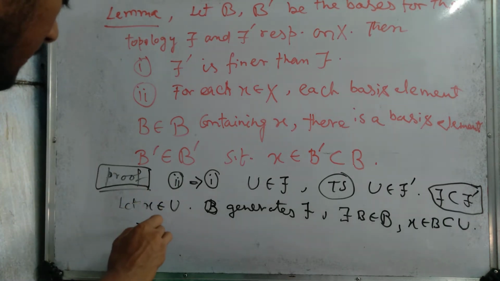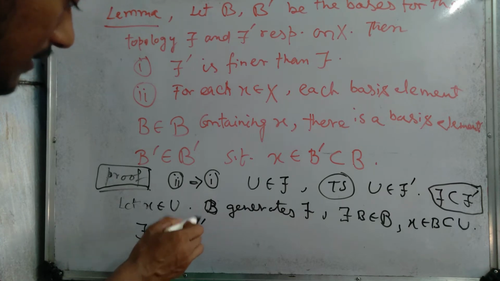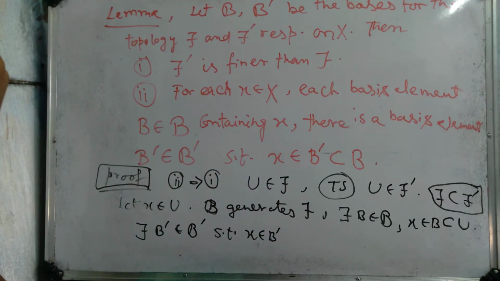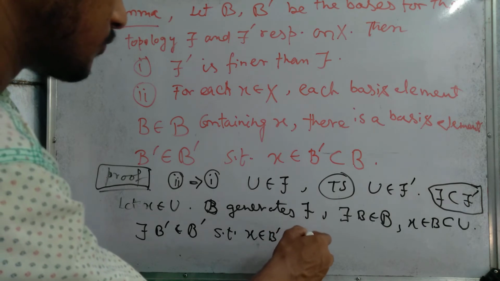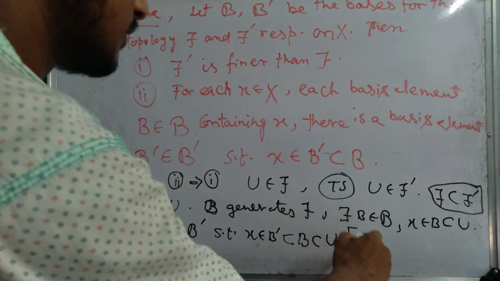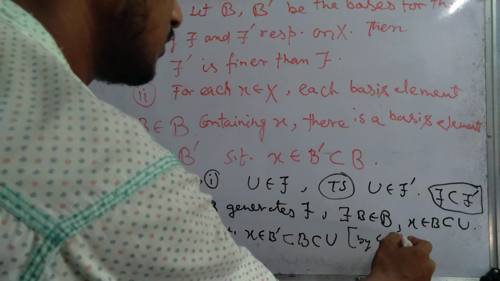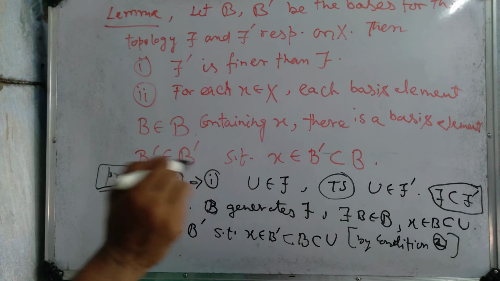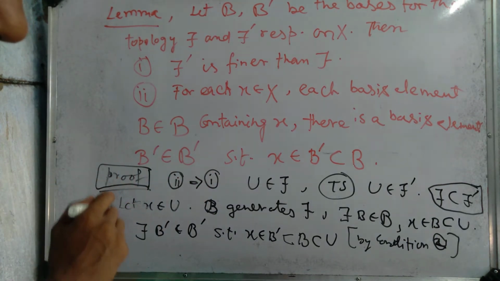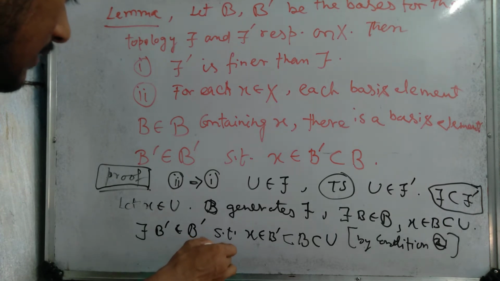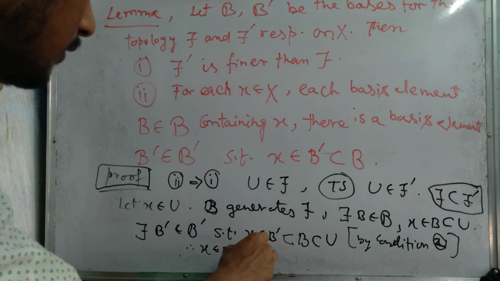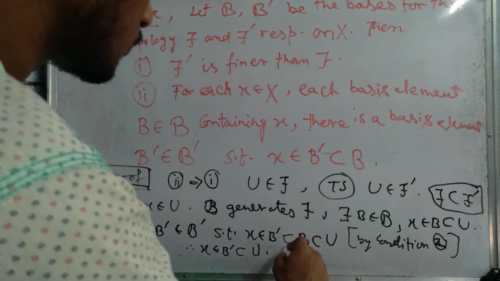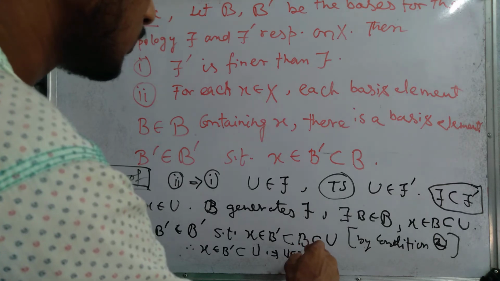Now there is an element B dash belonging to script B dash such that x belongs to B dash, a subset of B by condition 2, a subset of U. Then we find x belongs to B dash, a subset of U. So we find that U belongs to tau dash.